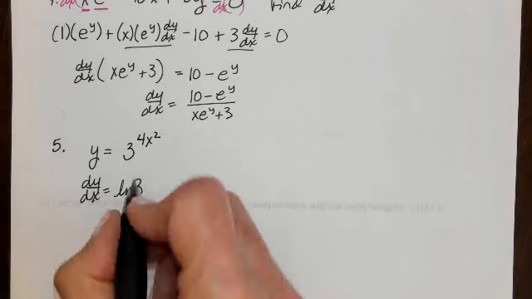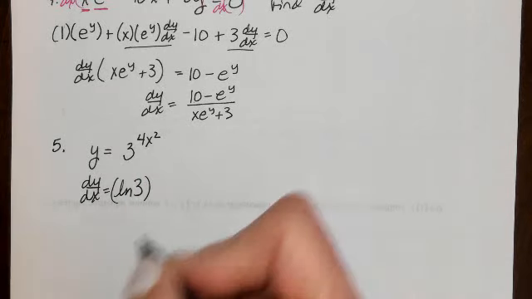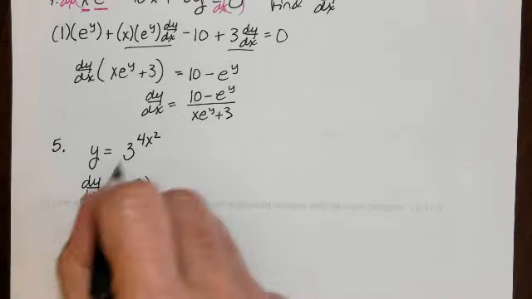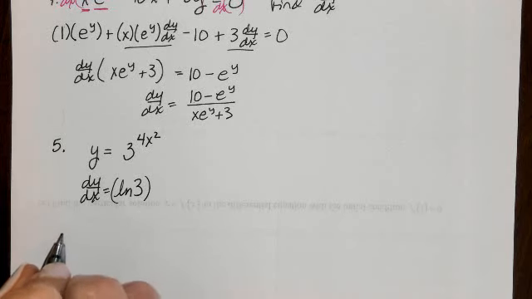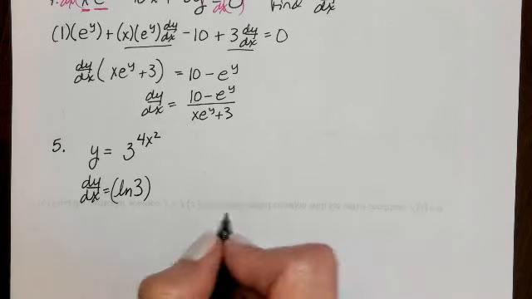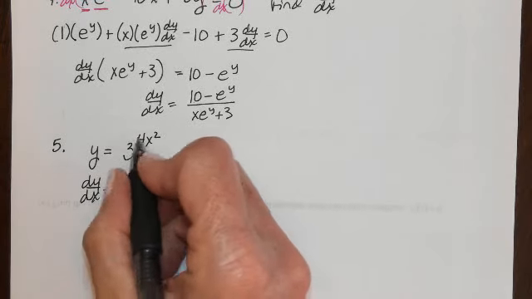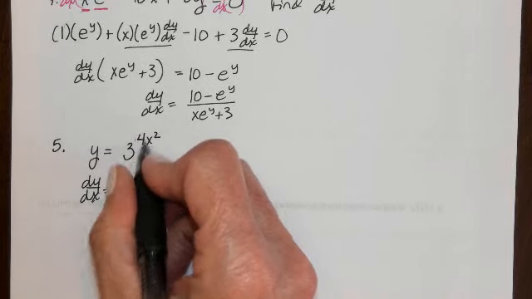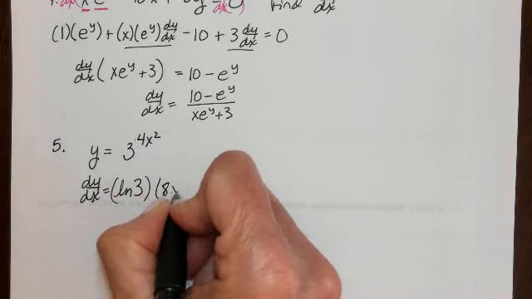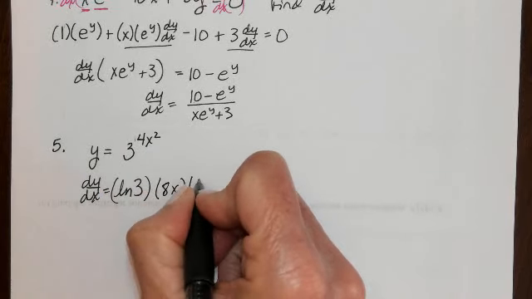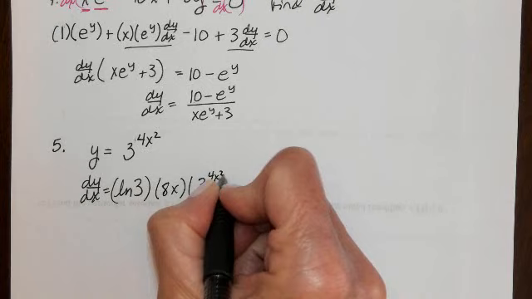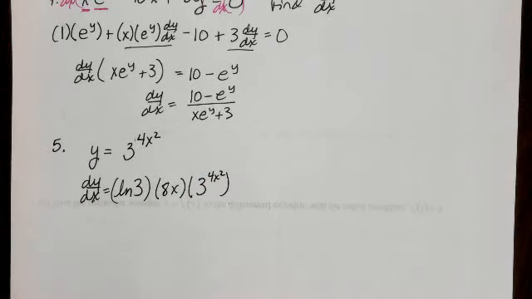Okay? And then you treat it like an e to the 4x squared. So if I was treating it like that, I would have the derivative of the exponent times 3 to the 4x squared, right? That's it.